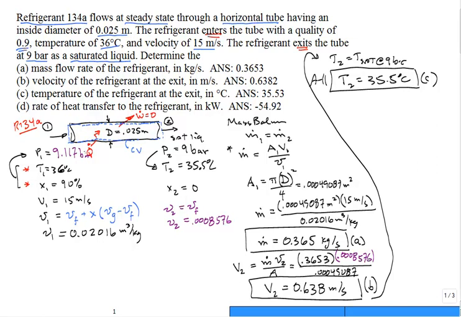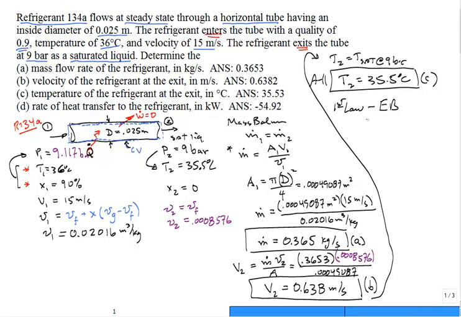So they're asking for this large Q dot right here. That's our symbol in our textbook, Q dot, for a rate of heat transfer. So we have this control volume and we do a first law analysis, or an EB, my notation for an energy balance. Okay, it's steady state.